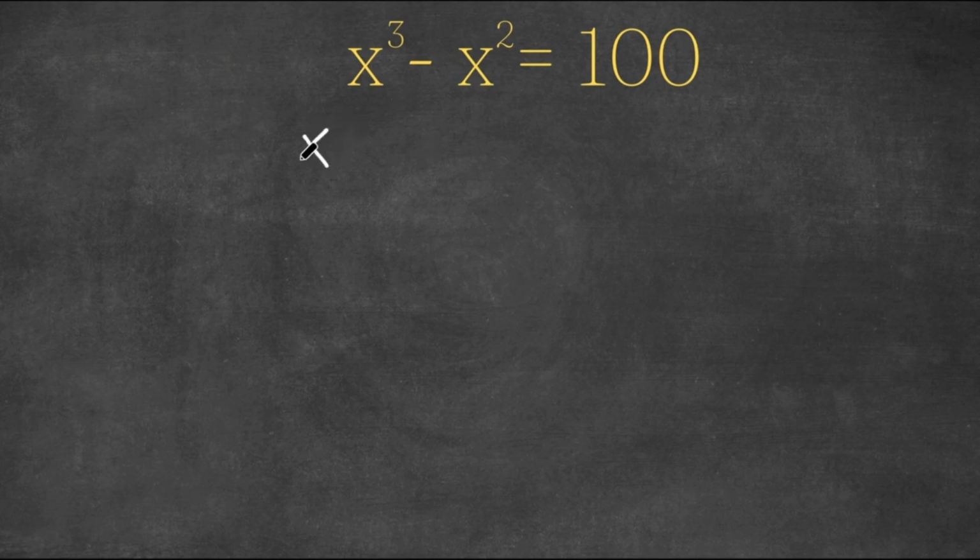So if we factor out x squared, x to the power of 3 divided by x squared is x to the power of 3 minus 2, which is x, because x to the power of 1 is x, minus x squared divided by x squared, which is simply 1. So we have x squared times x minus 1, and this equals 100 still.